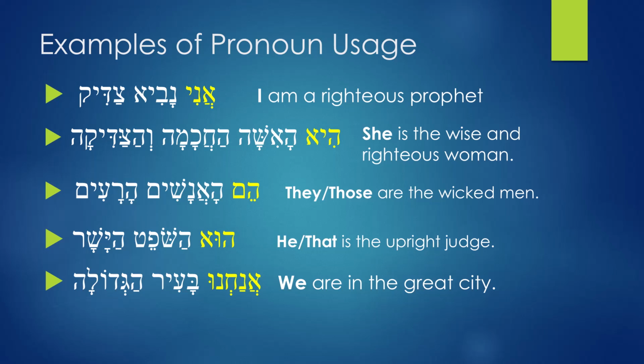On city you have ba, which is the preposition be, meaning in, plus the swallowed up definite article. So you have in the city, ba'ir. Anachnu means we. It's the plural of ani, I. How to translate this phrase: we are in the great city.